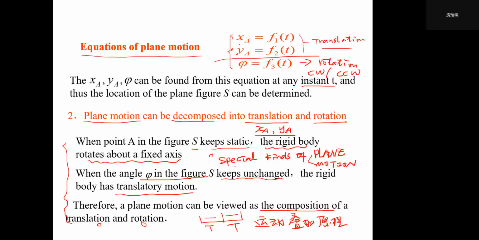That means although these two parts happen at the same time, we think of them as happening one after the other, in sequence. Because each component of motion is very easy to study, this is the principle of motion superposition.